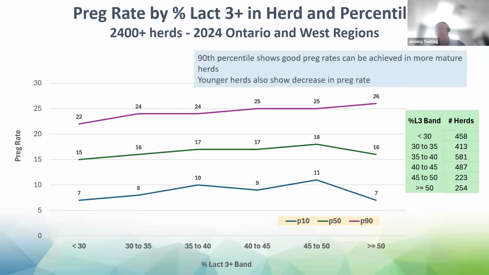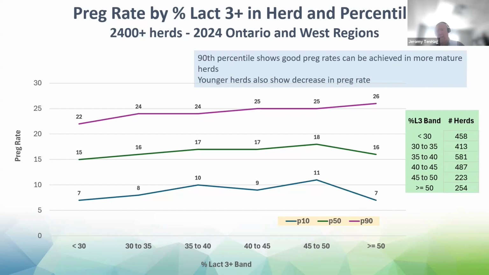We've also looked at pregnancy rate by these different percent lactation 3 plus in the herd categories. It maybe doesn't quite follow what we've seen in the 305 yields and daily yields. I've shown the bottom 10% of herds for preg rate in each category, the 50th percentile, or the average, we'll say.